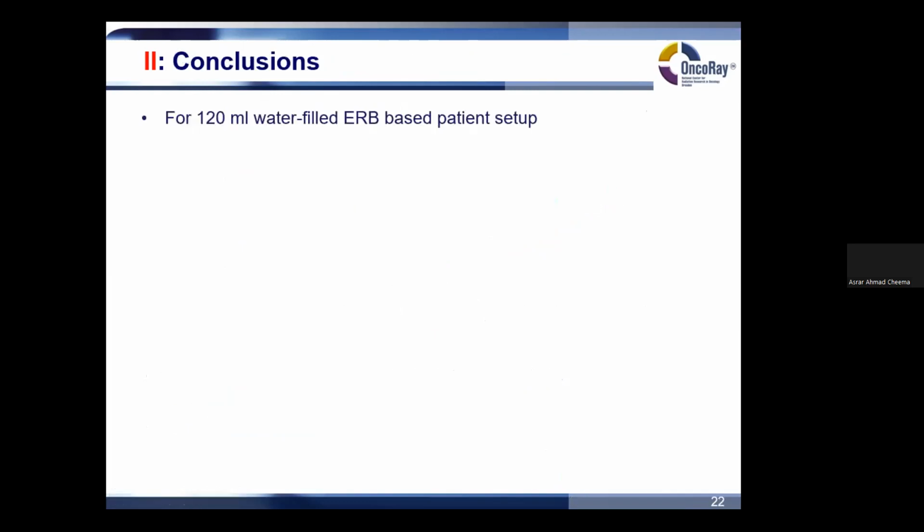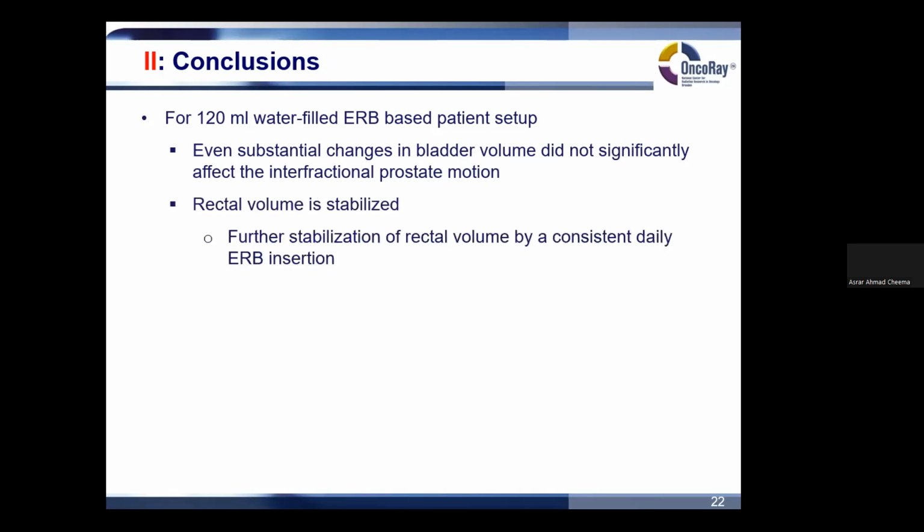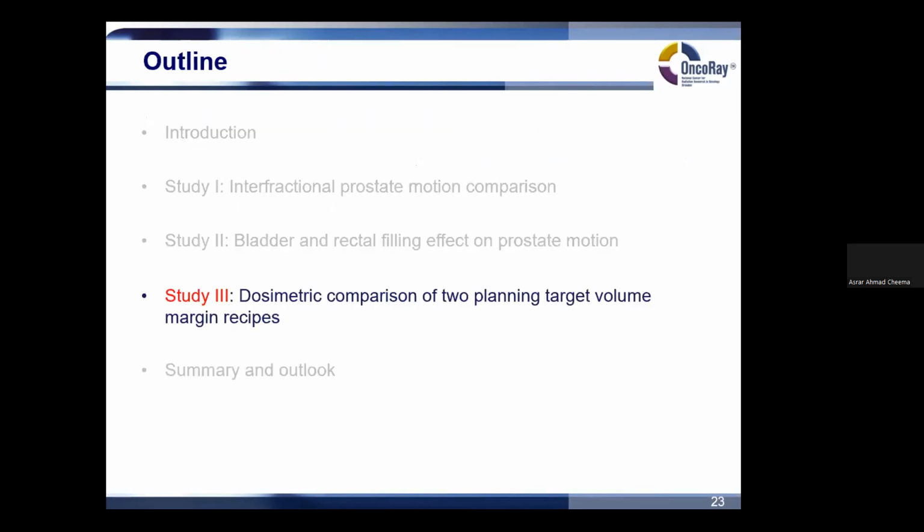So for 120 milliliter water-filled endorectal balloon-based patient setup, even substantial changes in bladder volume didn't significantly affect the interfractional prostate motion, and the rectal volume is stabilized by using endorectal balloon. Further stabilization of rectal volume by a consistent daily endorectal balloon insertion can be achieved, because we found that endorectal balloon insertion variation led to the rectal volume changes that are responsible for prostate motion.